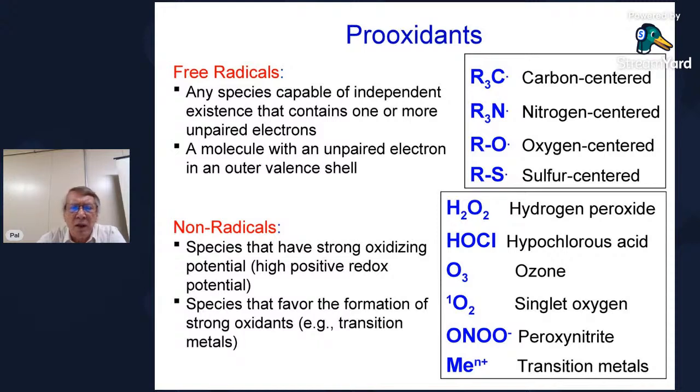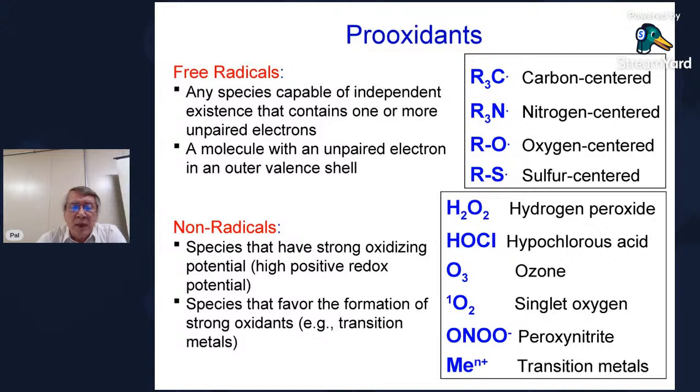There are, however, pro-oxidants which have a non-radical character and are formed in living organisms, for example hydrogen peroxide, hypochlorous acid, or peroxynitrite, and of course transition metals that are also found in living cells.